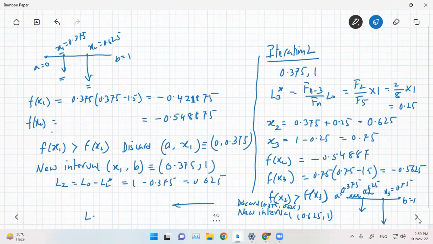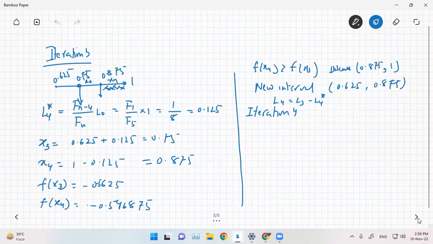L3 will be L2 minus L3 star. It's not that important so far in the calculation, but eventually we are going to see that this method provides a range or interval if it doesn't give a more precise exact value. So we have to stop at a certain value, and we obtain an interval of uncertainty. That is why it's always better to know these values.